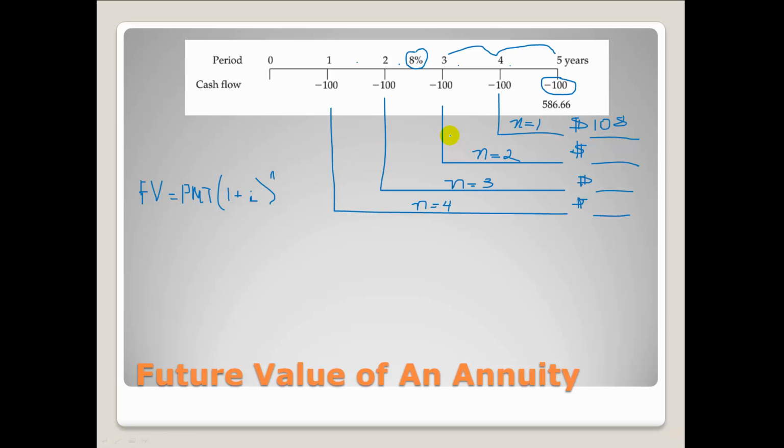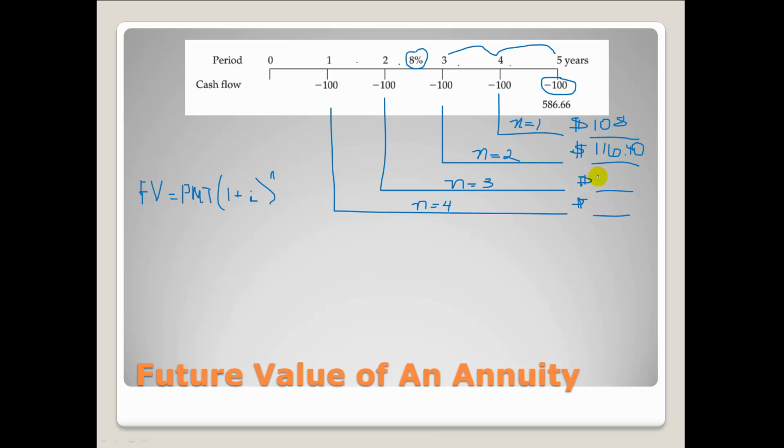Okay, so let's look at this second $100. It's going to be 1.08 raised to the 2 times 100, and that is going to give us 116.40. Then we look at this third 100, doing the same thing, 1.08 raised to the n equals 3 times 100.